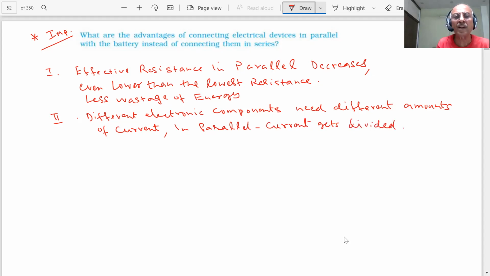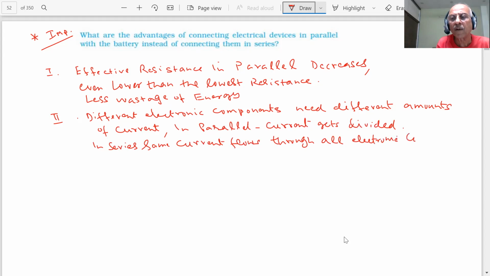It will not be possible in series. In series, the same current flows through all electronic components. Okay? Am I right? Therefore, it is impracticable to connect them in series.